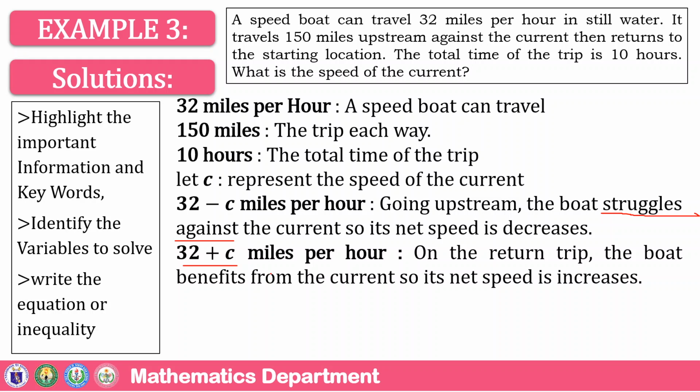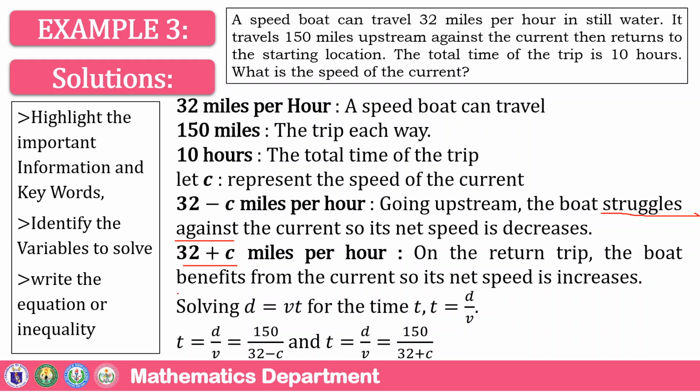Okay, so now, para ma-solve natin siya, pwede natin gamitin yung formula ng distance. That is distance is equal to velocity times time. Pagka kukuhanin natin yung formula para sa time, that is distance over velocity. So using the problem, we have that t is equal to distance over velocity.